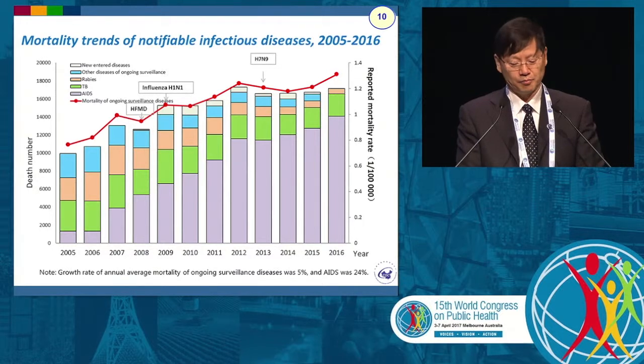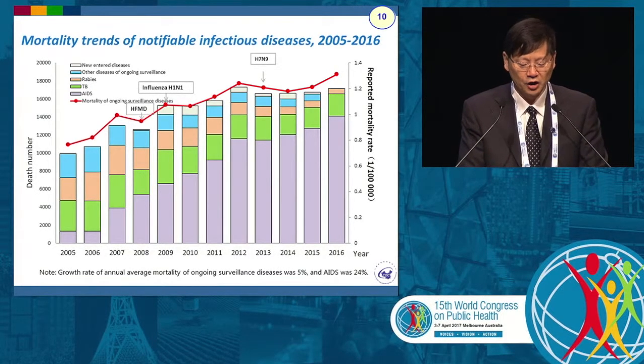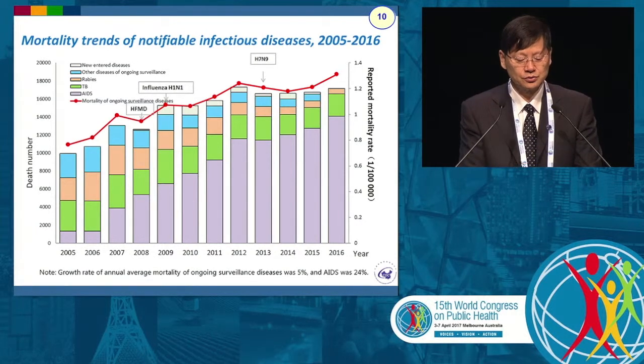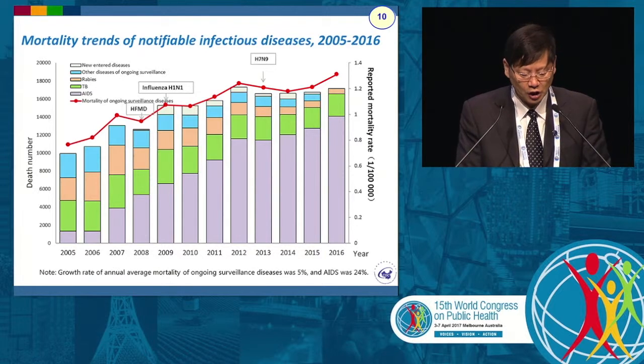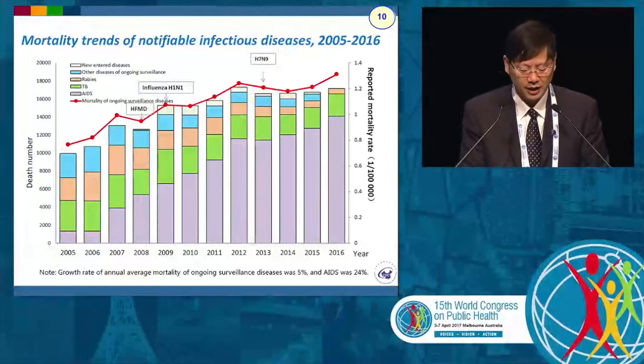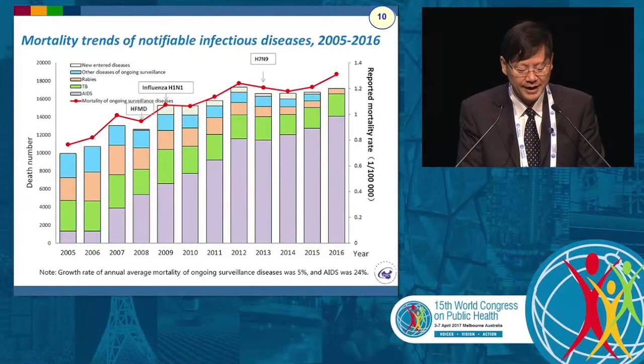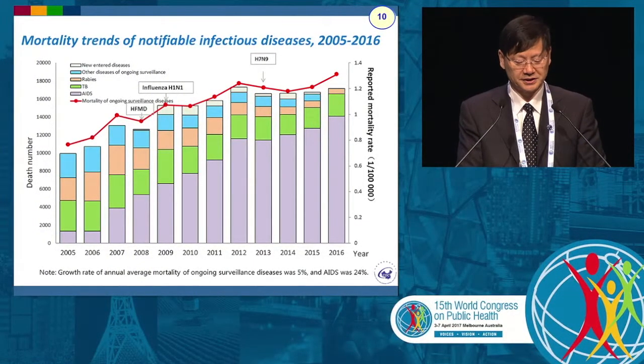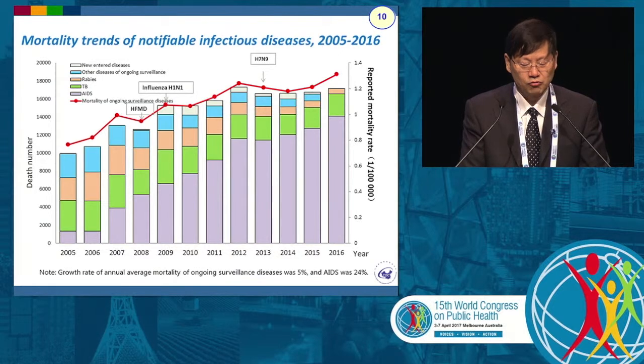As to the mortality trend of the notifiable infectious disease from year 2005 to 2016, the growth rate of the annual average mortality of the ongoing surveillance disease was 5%.